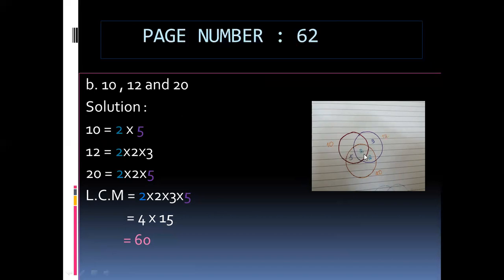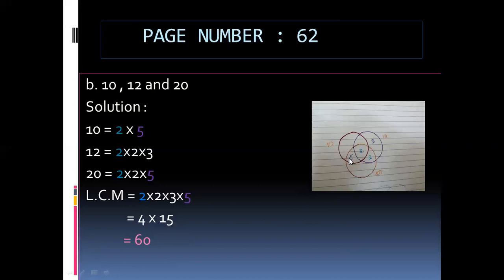And I told you before that when we are finding the LCM of three numbers or more than 3, we see which number is common in all the numbers, and then if two factors are common in two numbers, then we write it at once. You see that 5 is common in 10 and 20, and also I highlight there 5.